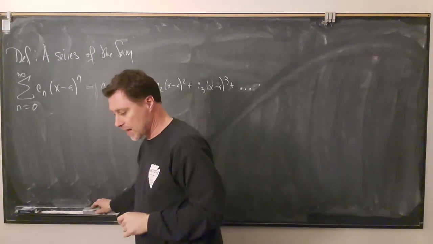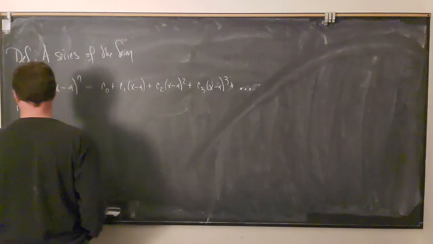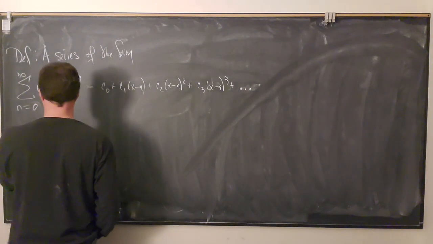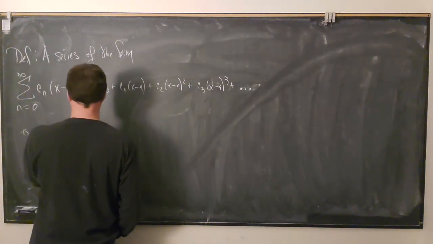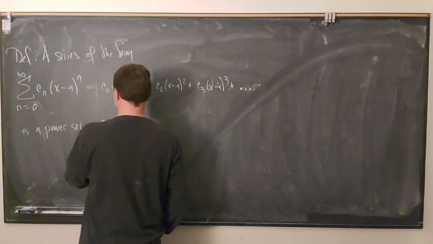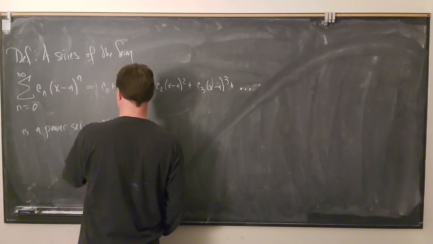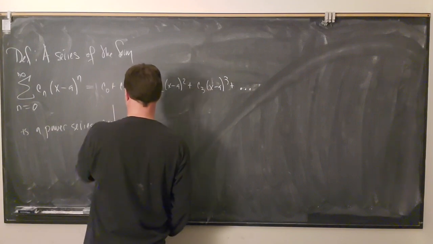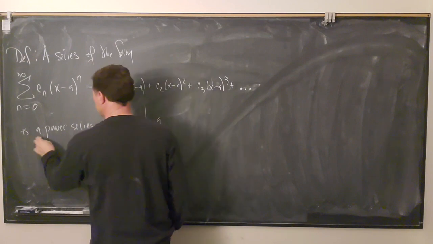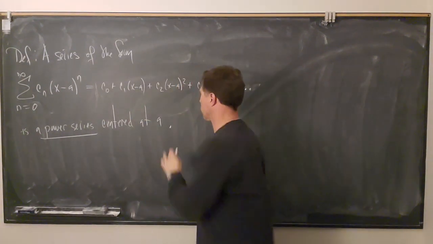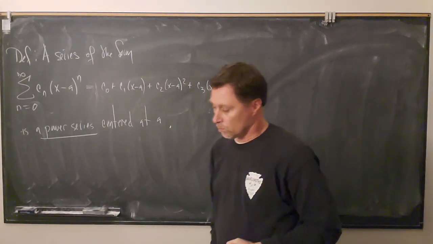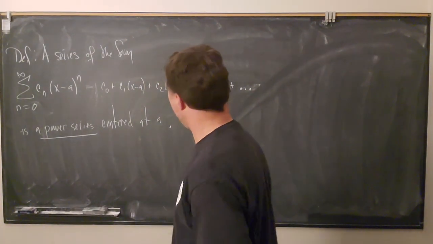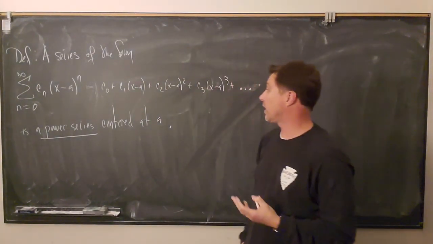Right? This has a name. This is called a power series centered at a. One way to think of this, in fact, a useful way to think of this, right?